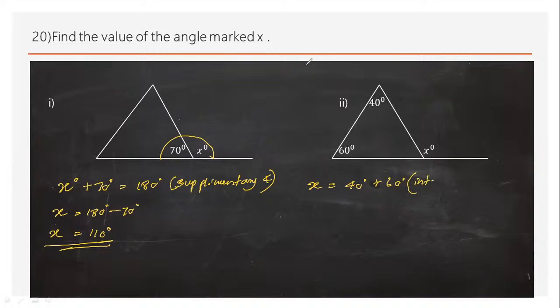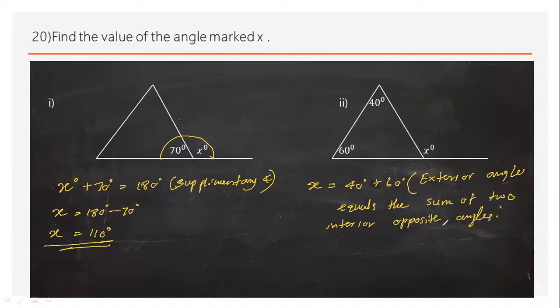Interior. I can write: exterior angle equals the sum of two interior opposite angles. Yes, 40 and 60, that is 100. The exterior angle equals the sum of two interior opposite angles.